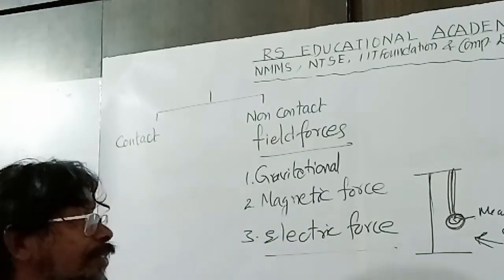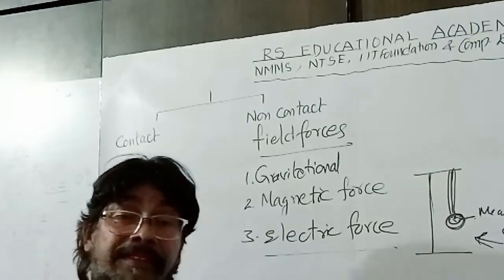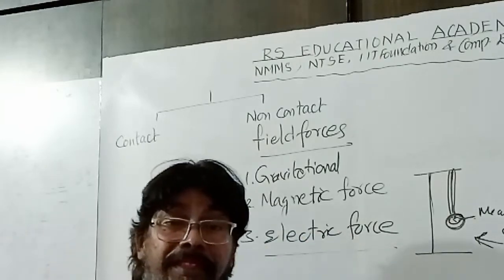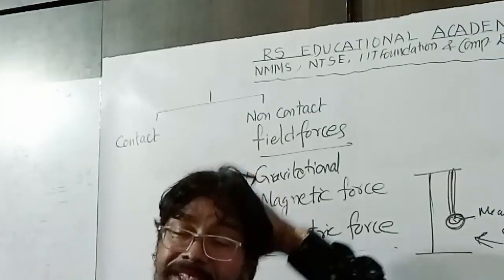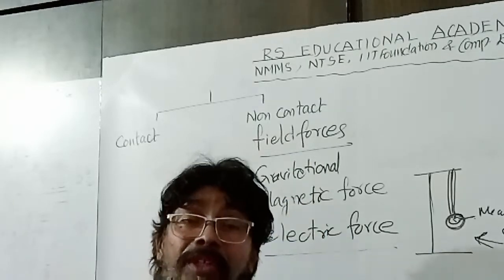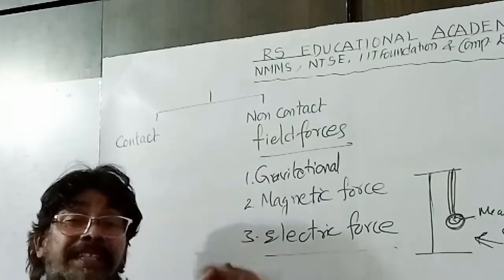So that force which attracts the small pieces of paper is called electrostatic force. When we are combing our hair, sometimes we hear a sound. So that is due to the electrostatic force formed between the comb and the hair.